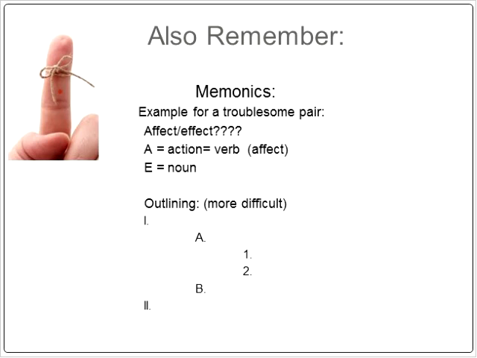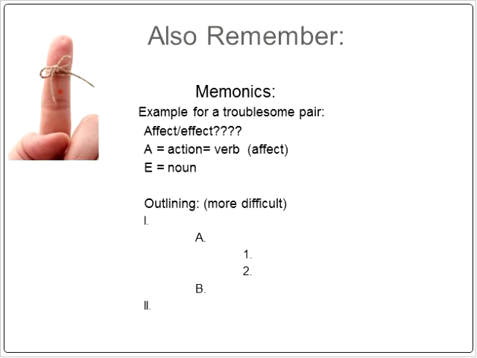For instance, there's a troublesome pair that a lot of my writing students have: how do you use affect and effect? They're pronounced the same. A mnemonic that I suggest is to think of the A as the action, and the action, of course, is the verb, so you know to spell the verb with the A. And, of course, the other one, the E, is the noun.